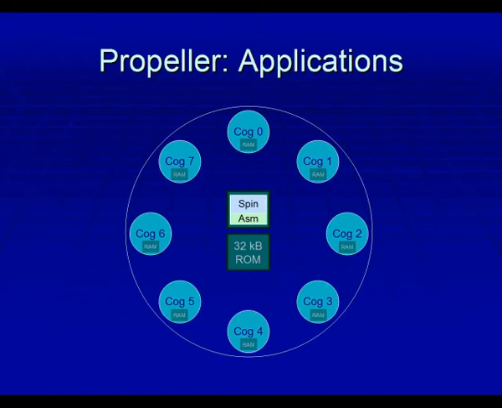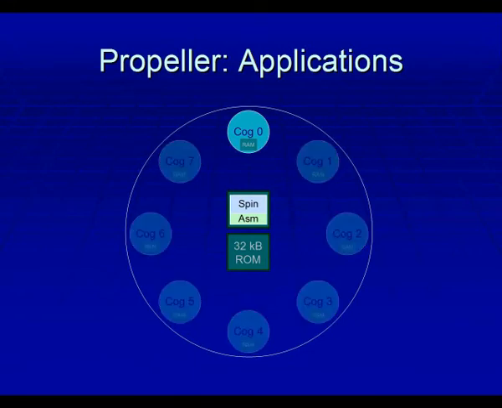Also, it's important to note that every cog can only run assembly code. They can't actually run Spin code directly. And so what actually happens when the Propeller starts up, cog 0 starts up, loads the application from external EEPROM or downloads it from the host, and then it loads up a Spin interpreter from ROM, and that interpreter, an assembly-based program, is what actually runs in the cog, or any cog that's running Spin code.